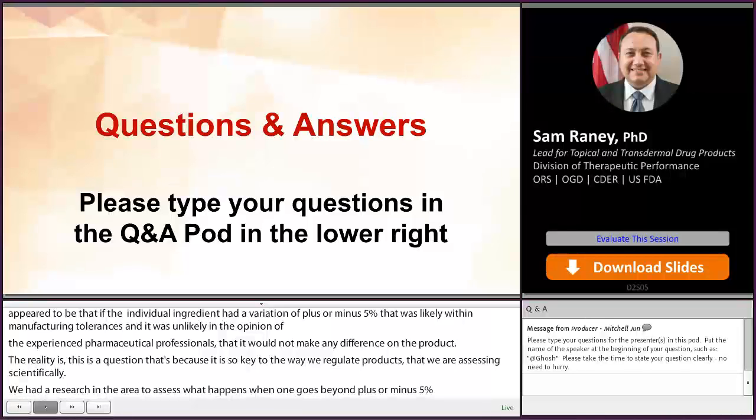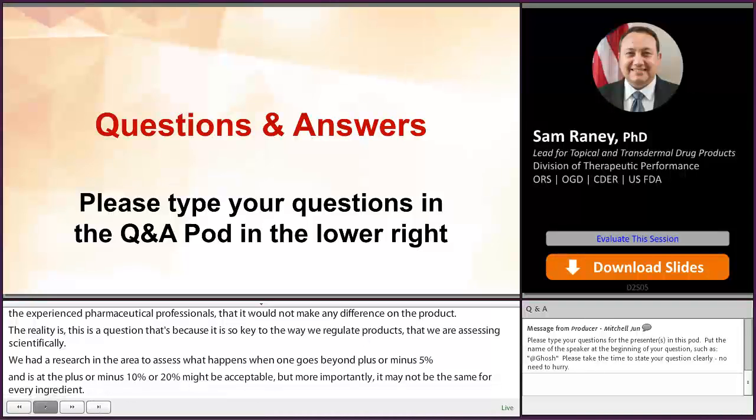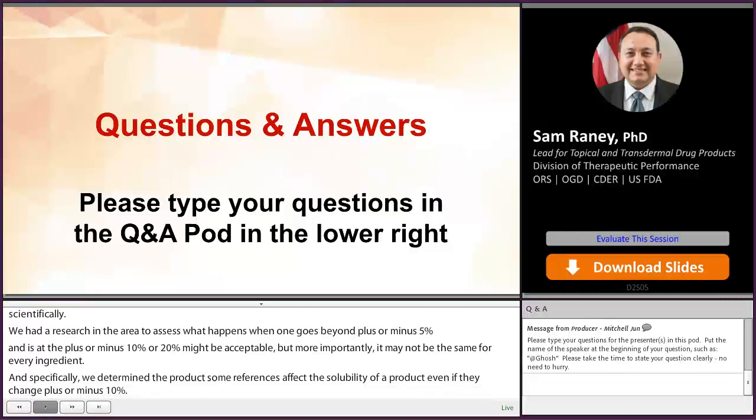Specifically, it may be the thermodynamic activity of the product that we really need to monitor. Some differences may affect the solubility of a product, even if they change by plus or minus 10%. Other differences may not affect the solubility, may not affect the thermodynamic activity, and may not affect the bioequivalence. So this is an area of active research for us.